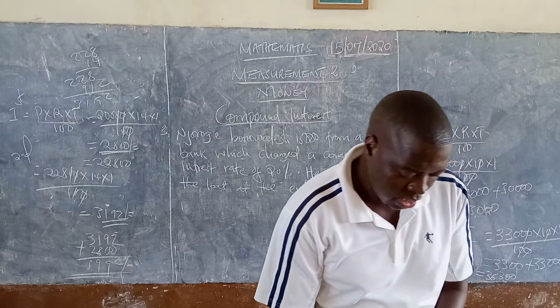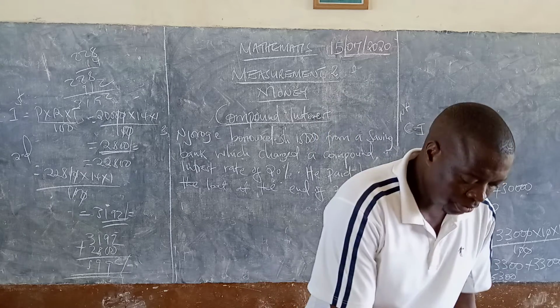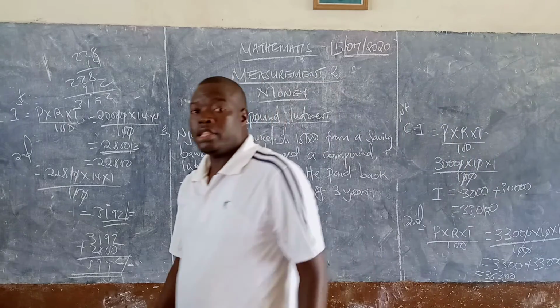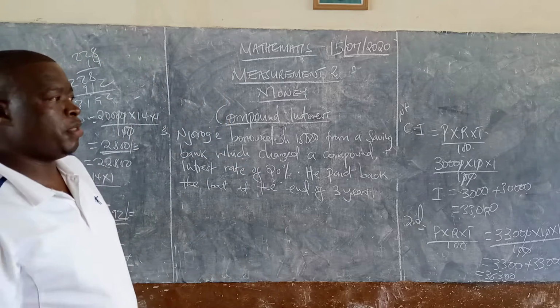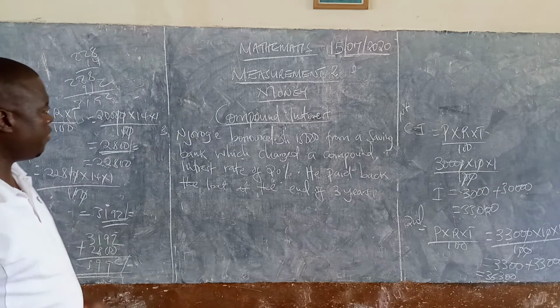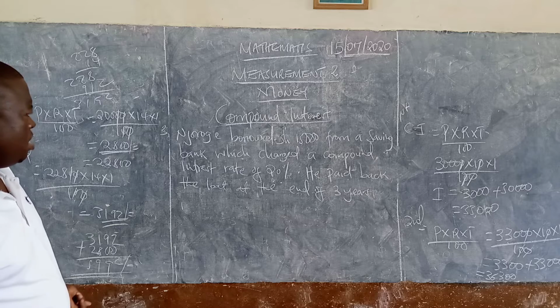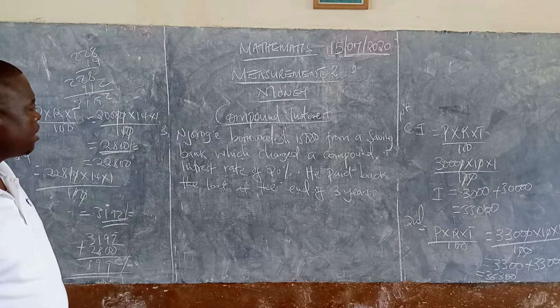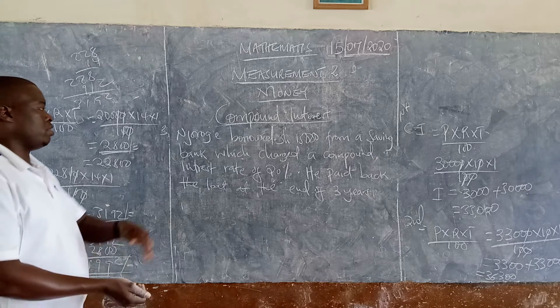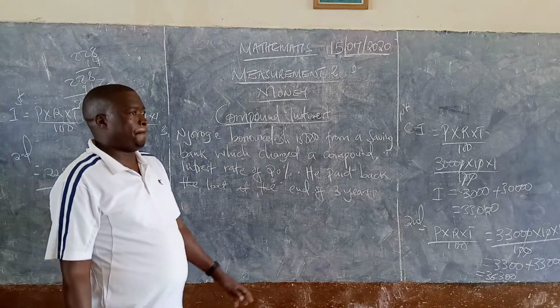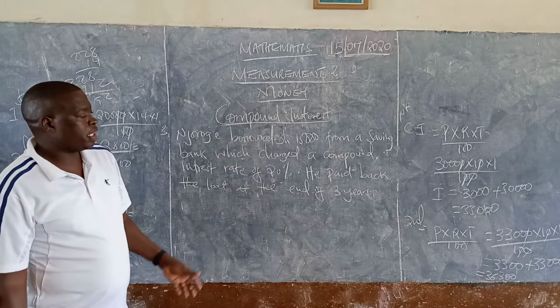Now, learners, we have money that has been borrowed from the bank, which we also refer to as the principal. Then we have the rate, which is 20%, and the time taken, which is 3 years.